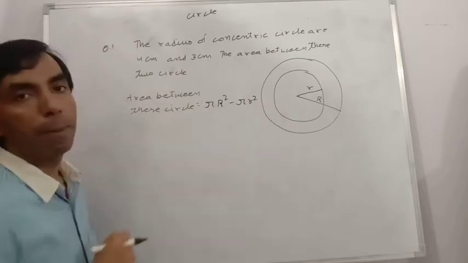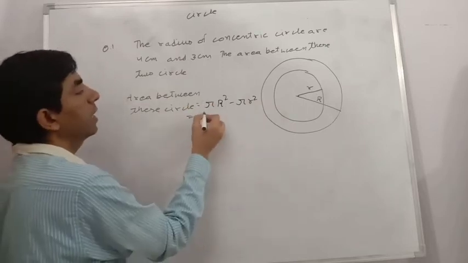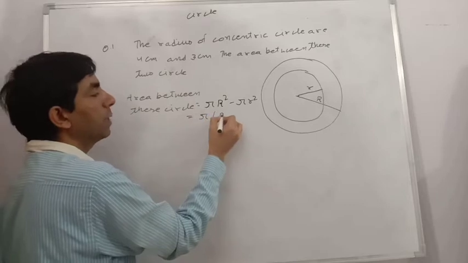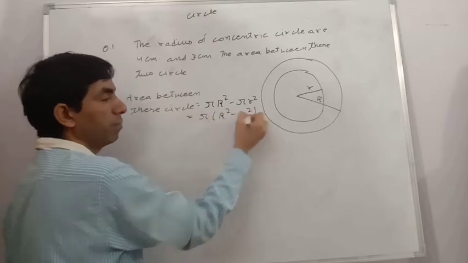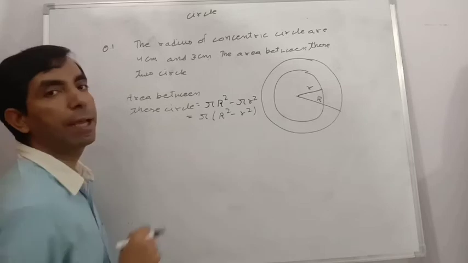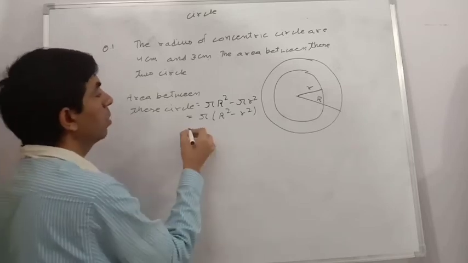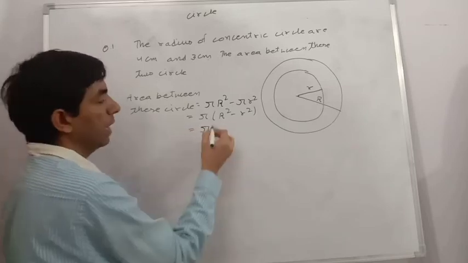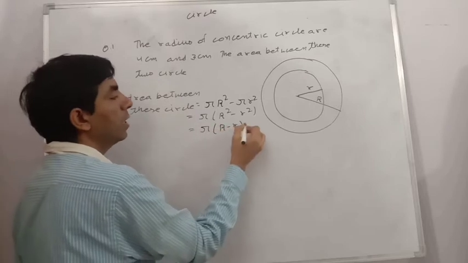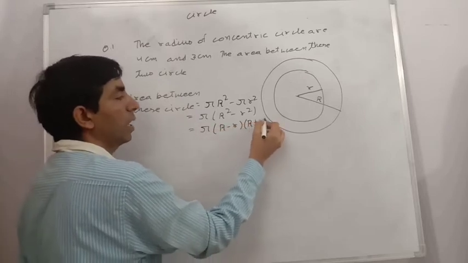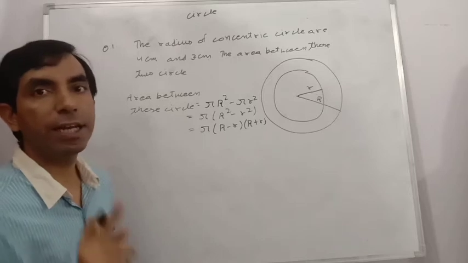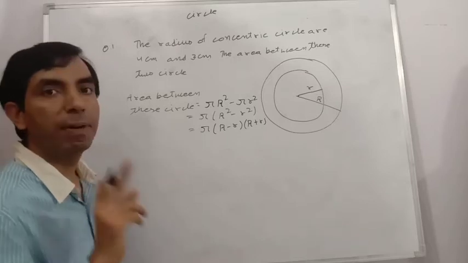Now both have pi common, then we get pi into capital R square minus small r square. Here it looks like a square minus b square. So we can change it to pi times capital R minus small r and capital R plus small r. By this method we can find the area between concentric circles.